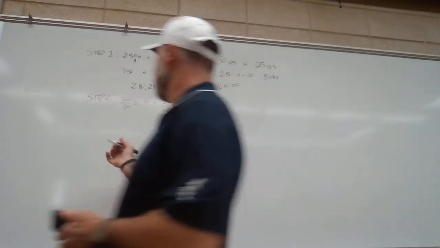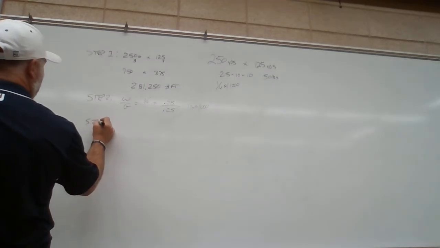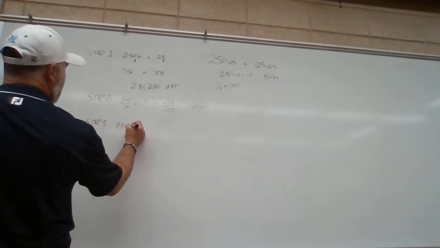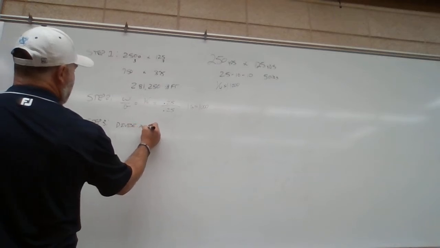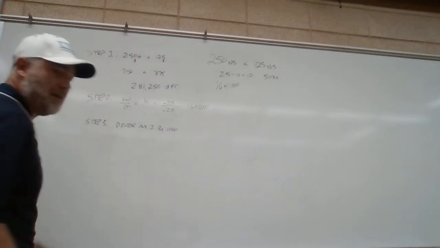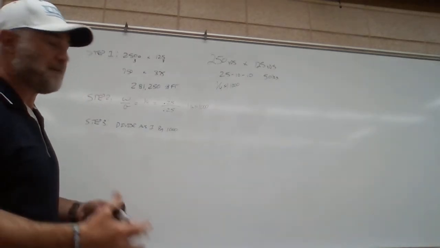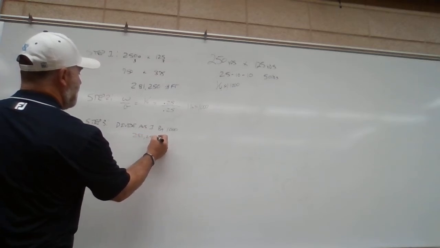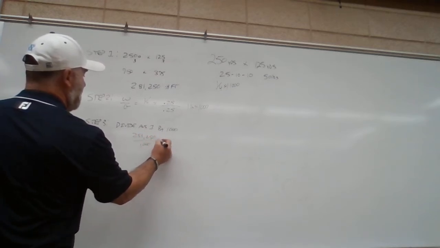Easy enough so far. Divide your answer in step one by 1,000. So divide your square feet by 1,000. 281,250 divided by 1,000.